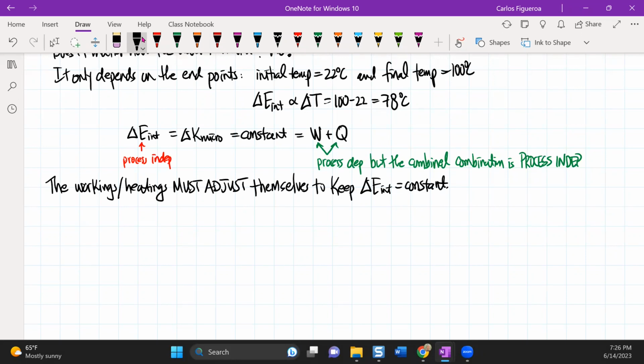What I mean by adjust is that if I focus on two states and look at the difference, the path does not matter. So maybe the work goes high right here, and then goes small, whereas the heat starts off small, and then goes high. In other words, these have to adjust themselves to keep the total change in internal energy a constant.